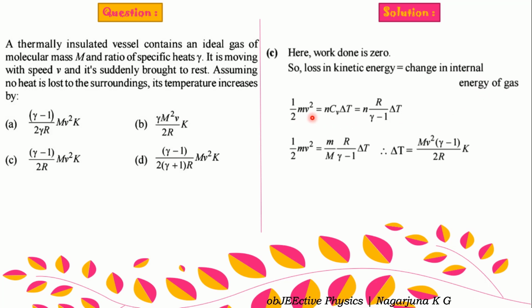So, half m v square is equal to n Cv dT, which is n into R divided by (gamma minus 1) into dT. That implies half m v square is equal to small m by capital M, that is the number of moles n, into R by (gamma minus 1) into delta T. Therefore, delta T is equal to M v square into (gamma minus 1) divided by 2R. Option C is the right option.